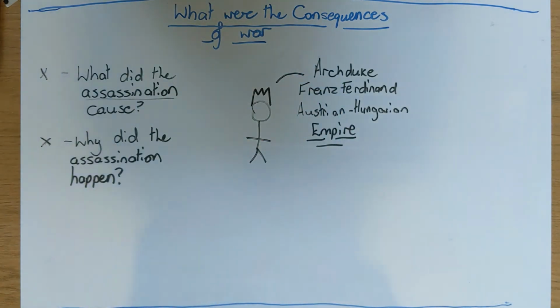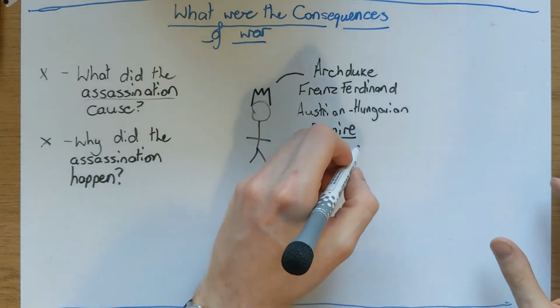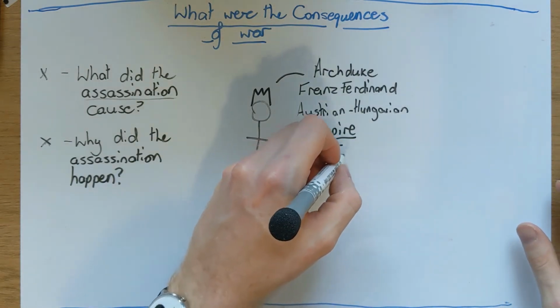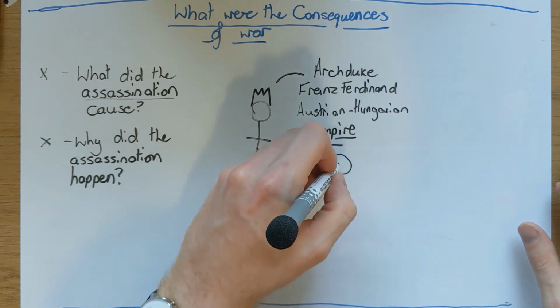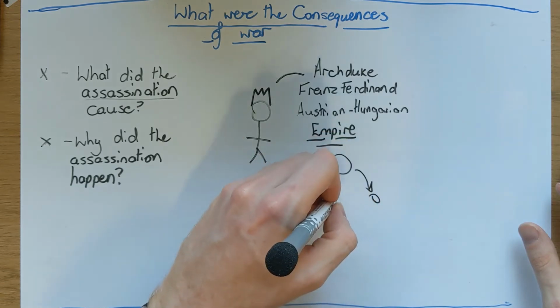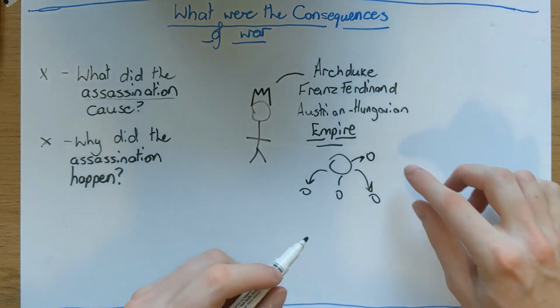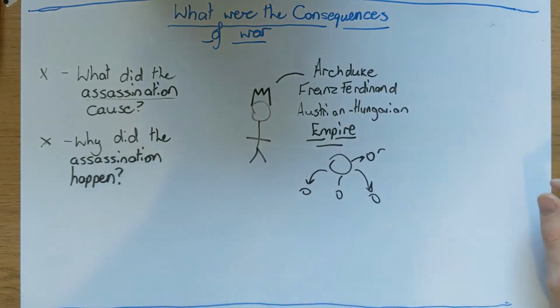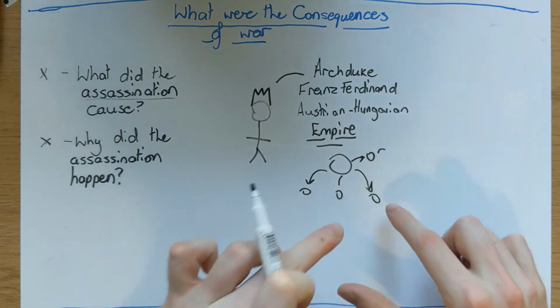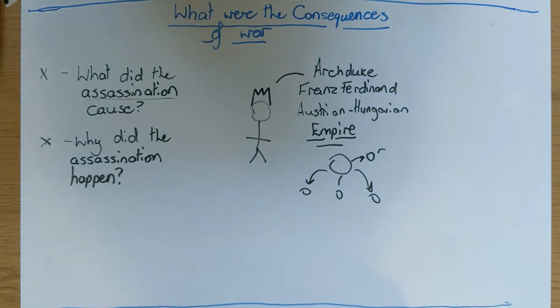So empire meant he controlled other places. So imagine if this is Austria and Hungary, they control other places. So if this is the empire and they control these other areas, what would this be called? Just give yourself time to think about it.